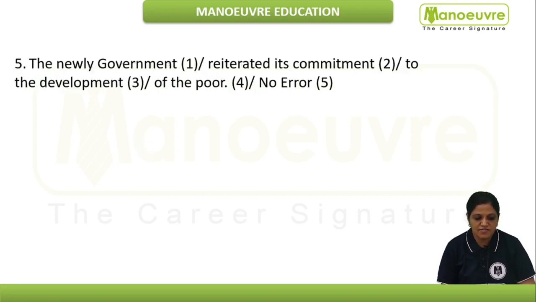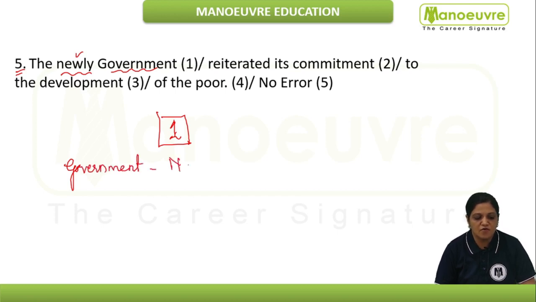Okay. So let us go to our fifth sentence. That is, the newly government reiterated its commitment to the development of the poor, no error. Now here you would see the newly government. Yes, we got our error. Our error is in the first part of the sentence, right? The newly government. Now when we talk about government, government is a noun. Which part of speech? It is a noun.